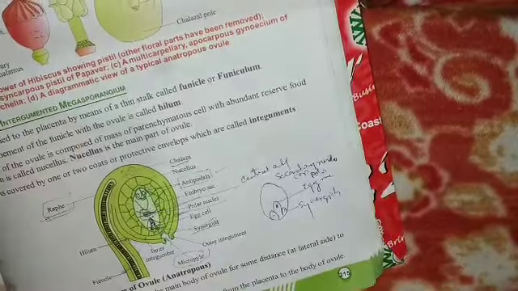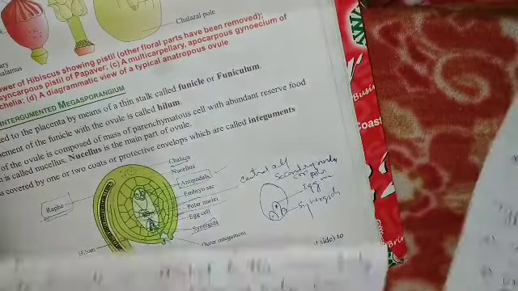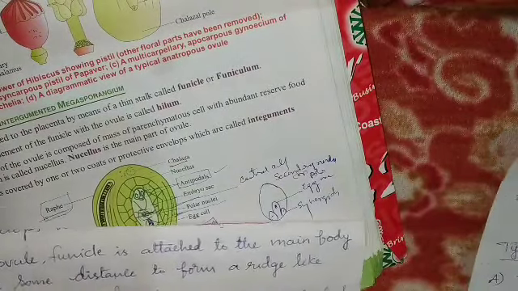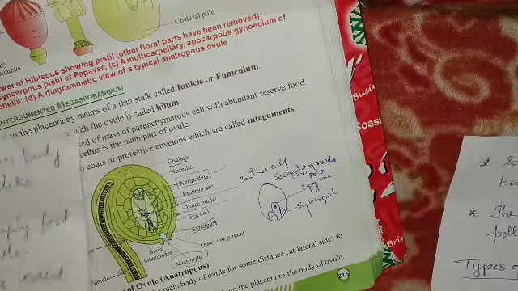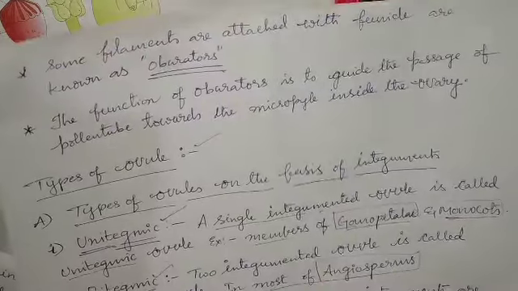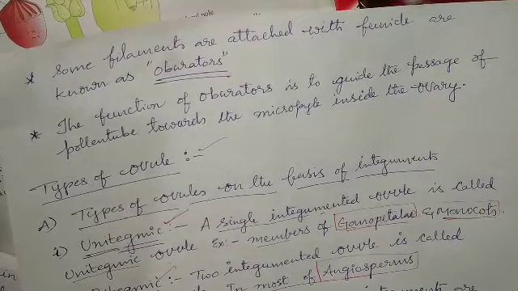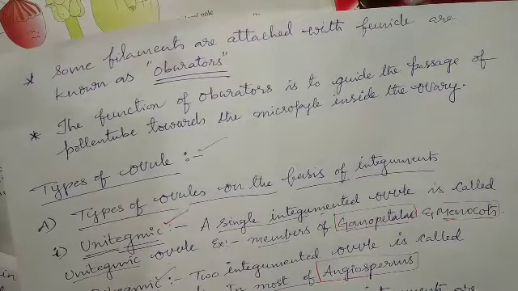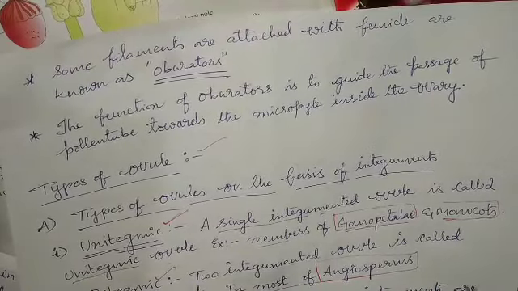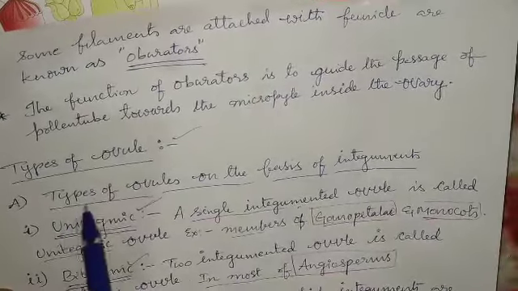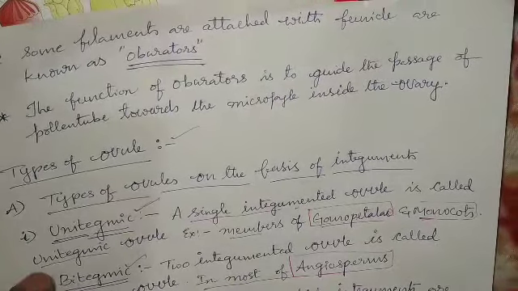So this is about the structure of the ovule. And then there are types of ovules. On the basis of integuments, the ovules are of different types. What are those?